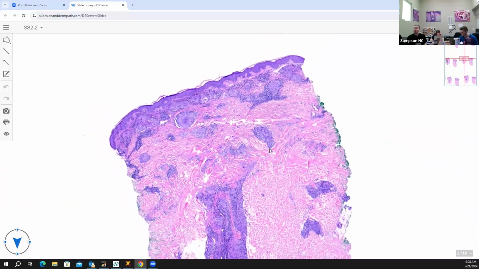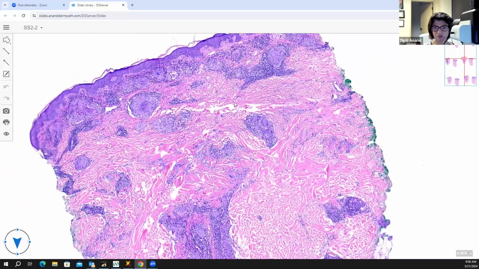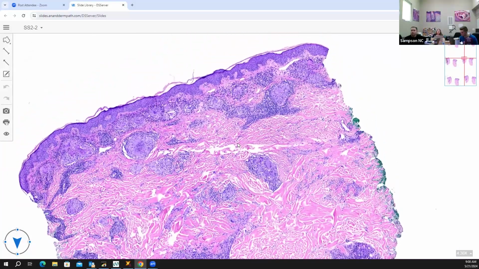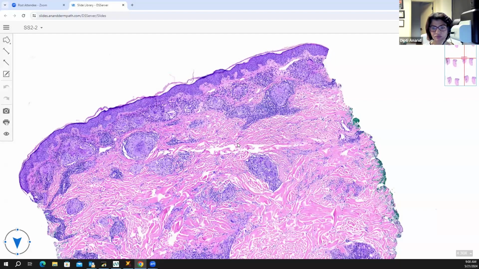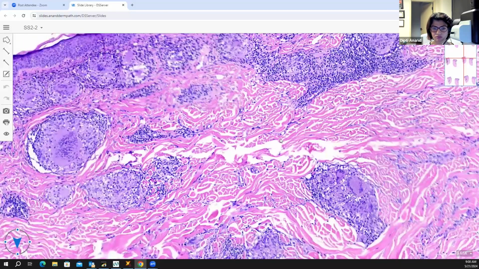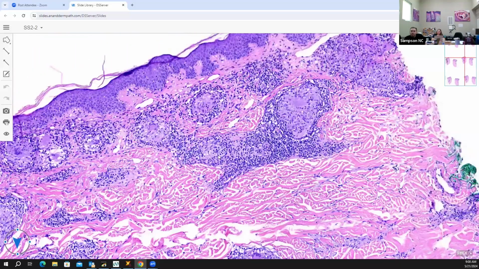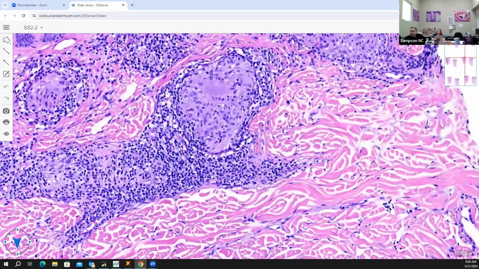All right, just from this power, it looks like it might have a granulomatous process going on here. They seem to be more sarcoidal than tuberculoid. It looks like there are some giant cells mixed in there.